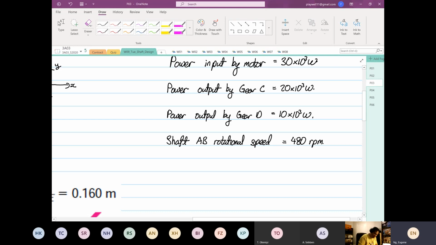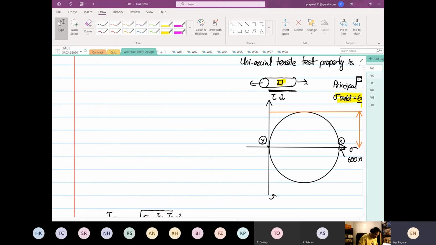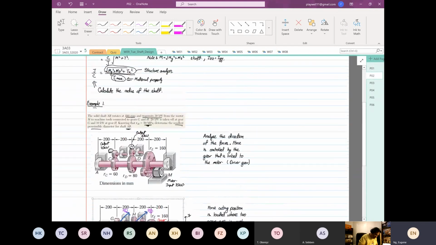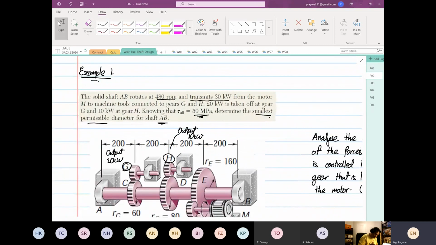Let's look at the question. All this information I extracted from here. That's where we get our 480 from, and 30 kilowatt, 20 kilowatt, and 10 kilowatt at H. H is related to D, and G is related to C. So we want to find.